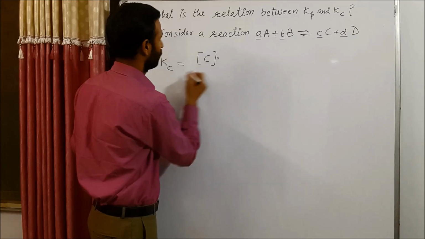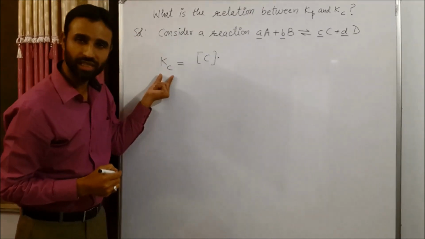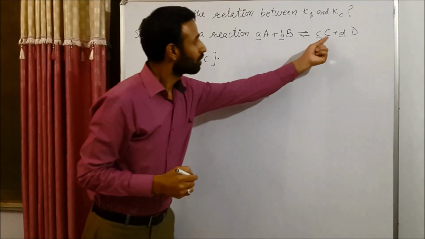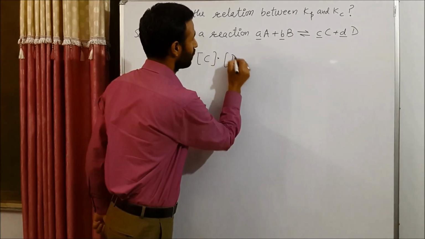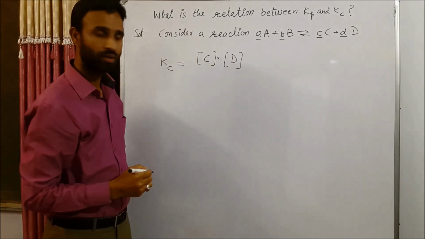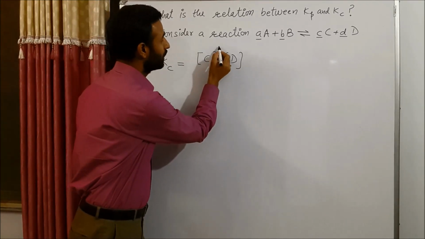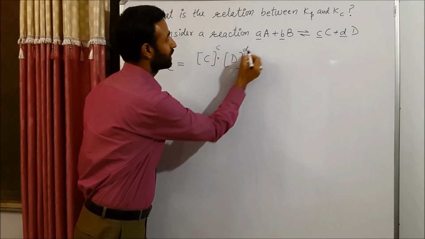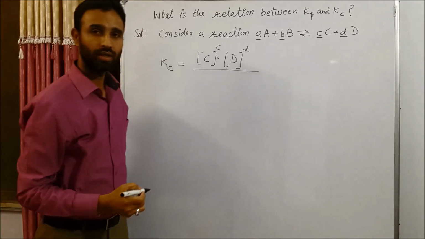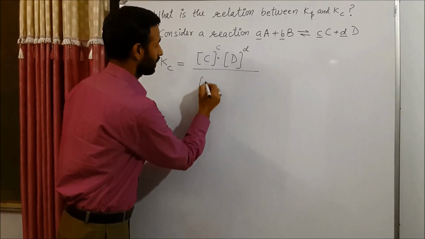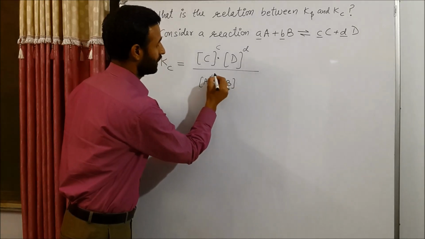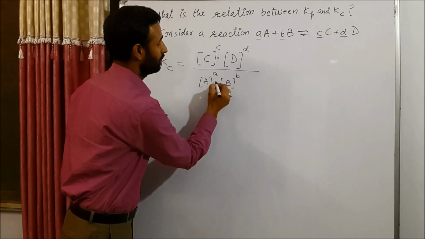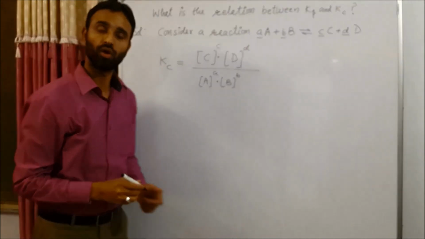So to get Kc, the product of the concentrations of products raised to the power of their stoichiometric coefficients, divided by the product of the concentrations of reactants raised to the power of their stoichiometric coefficients.